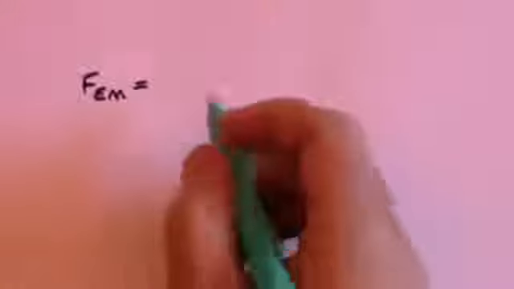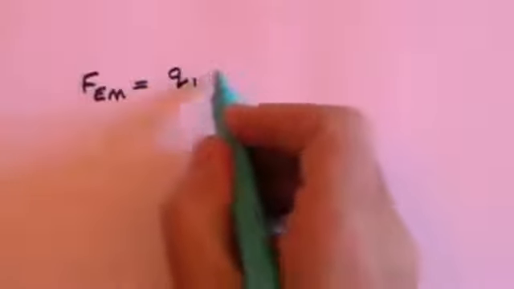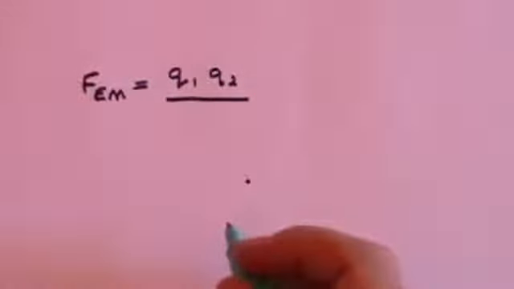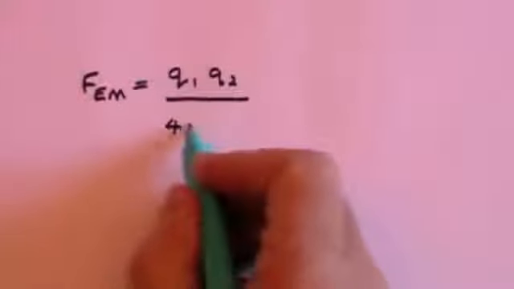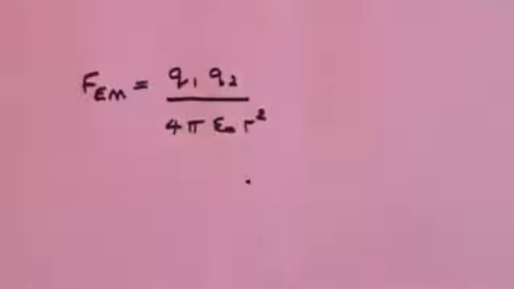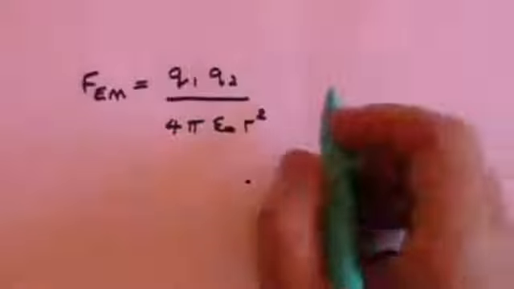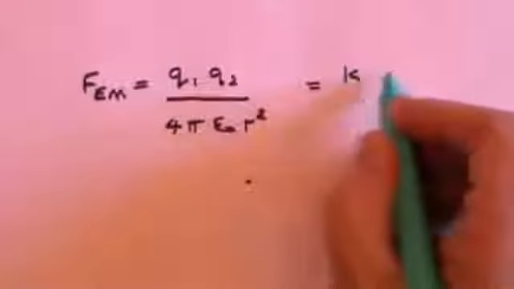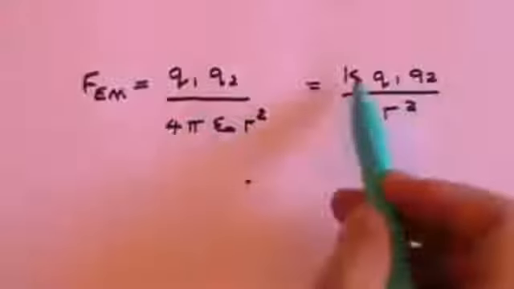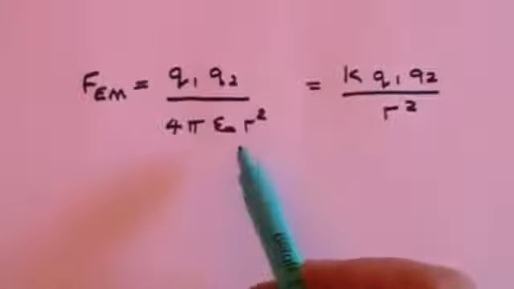For the electromagnetic force, that we know is Coulomb's law, which is just Q1 Q2, the charge on 2 particles multiplied together, divided by 4 pi epsilon naught r squared, where r is the distance between them. And I can rewrite that, if I like, as k Q1 Q2 over r squared, where k is just 1 over 4 pi epsilon naught.